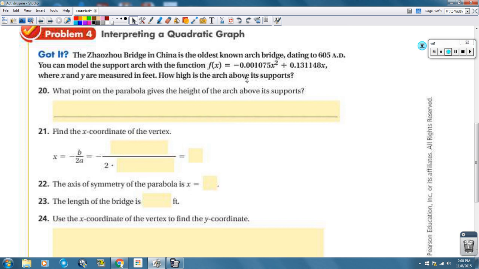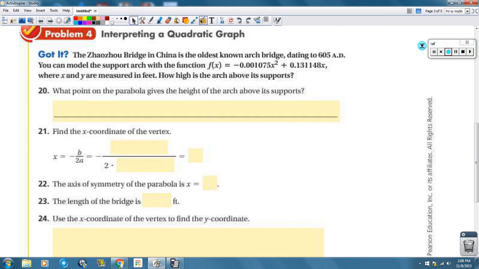Okay, basically it's negative, so it's opening down. So what you want is the maximum. So what I would do is put this in my calculator, and then once it's in the calculator, all you got to do is find the vertex. Okay. Honestly, that's what I would do.